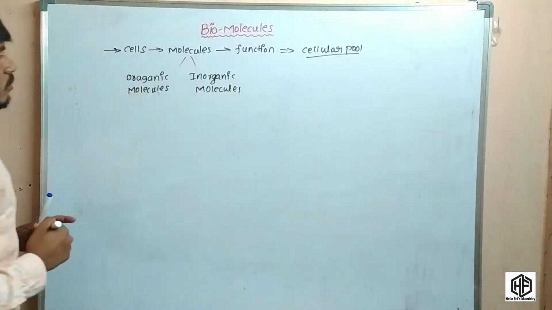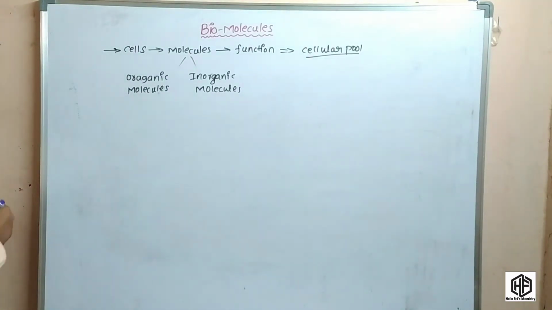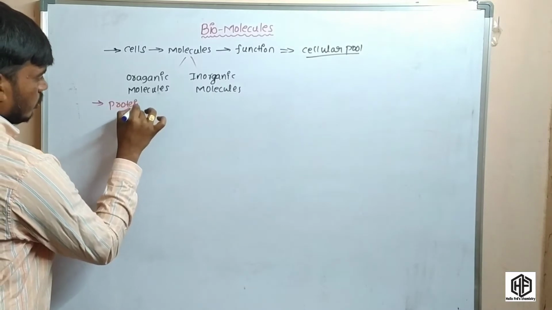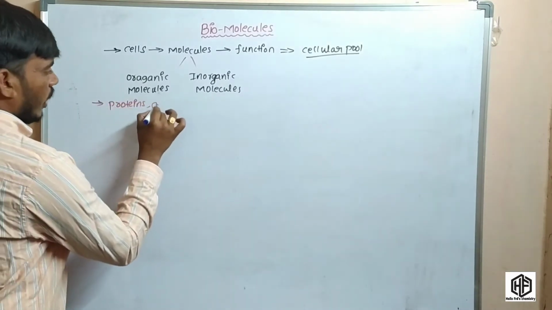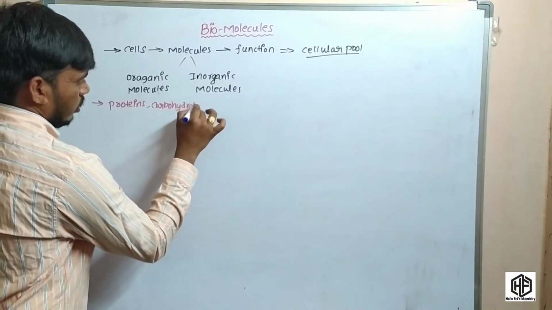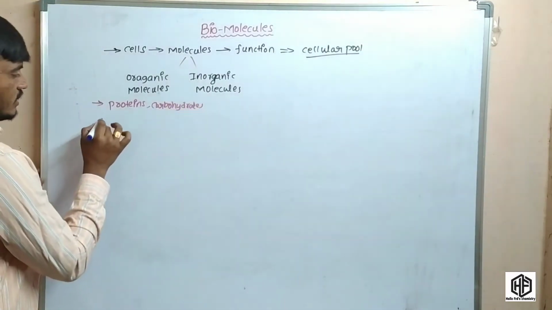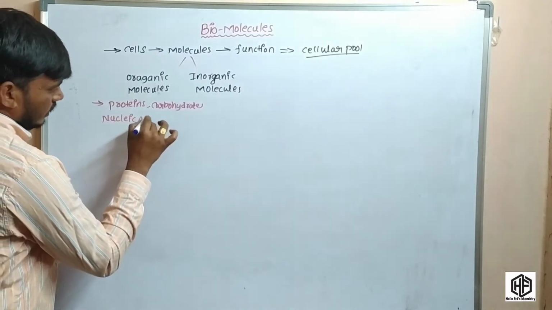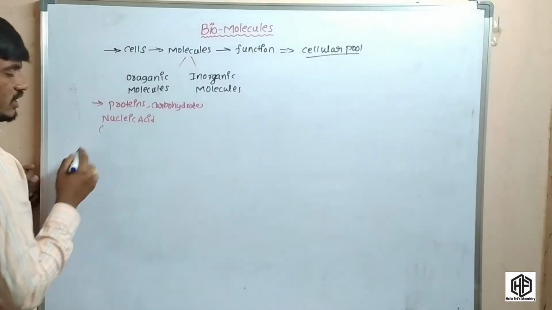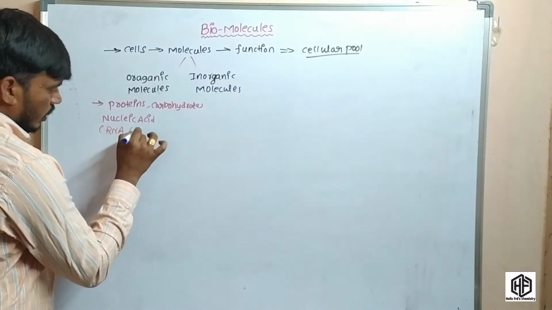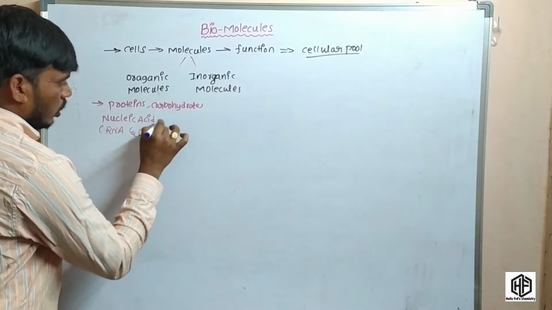Examples of organic molecules are proteins, carbohydrates and nucleic acids. Nucleic acids are nothing but RNA and DNA.